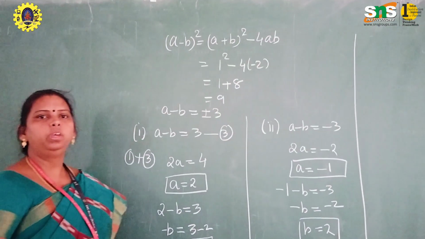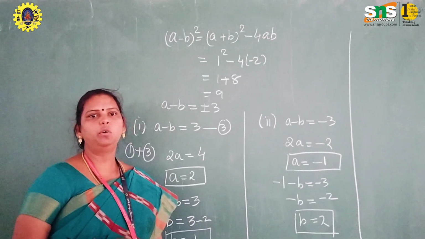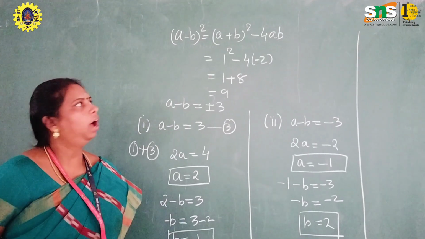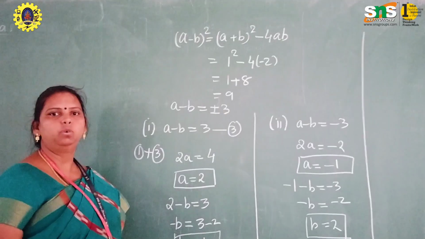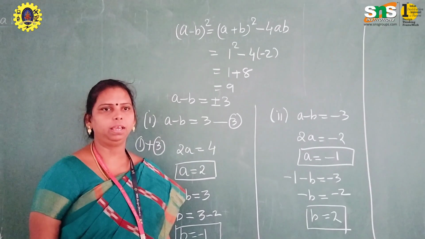So we have the two equations 1 and 2, and using them we are going to find the values of A and B. We already know the formula for A minus B whole square: it is A square plus B square minus 2AB.